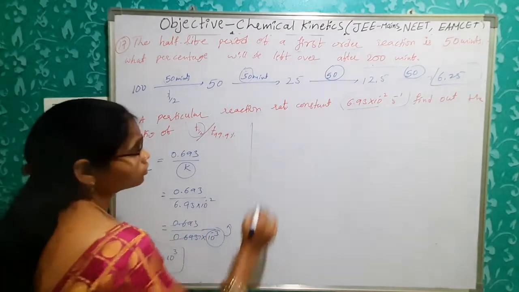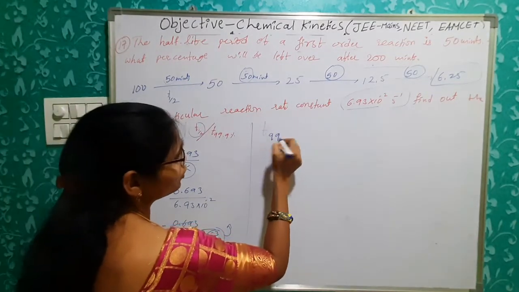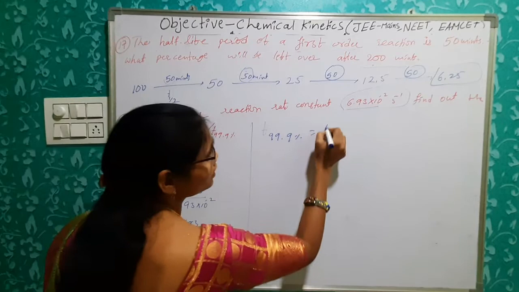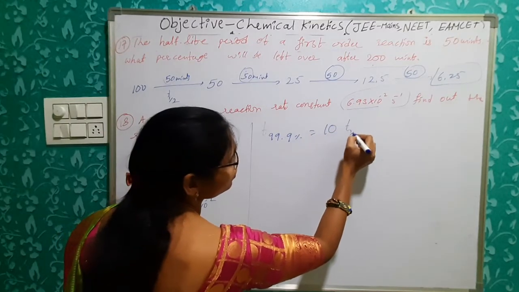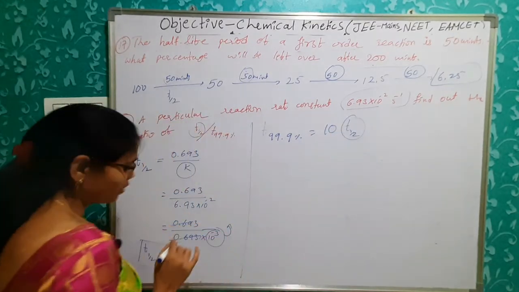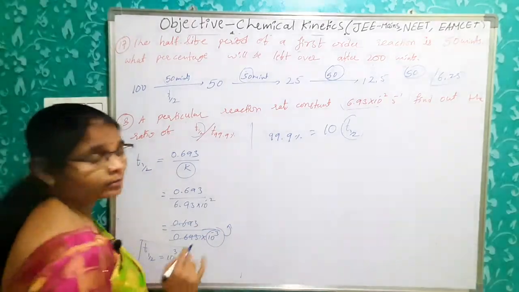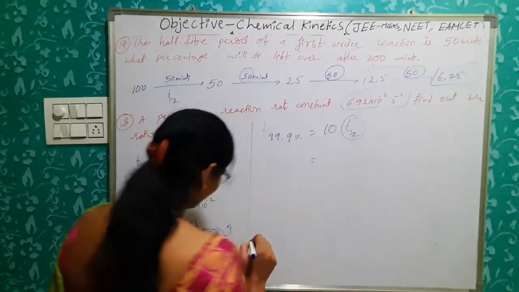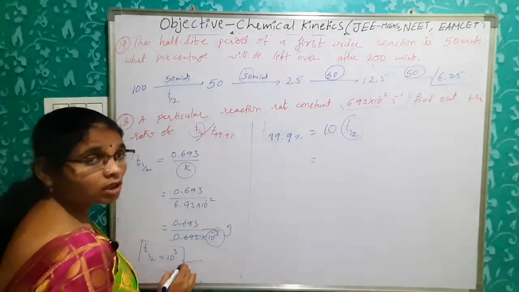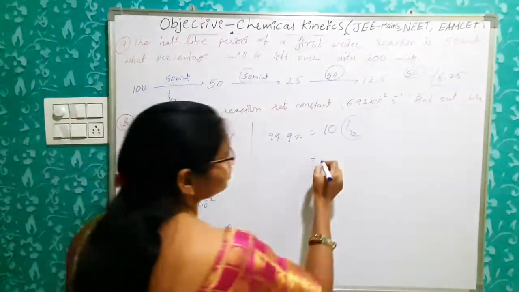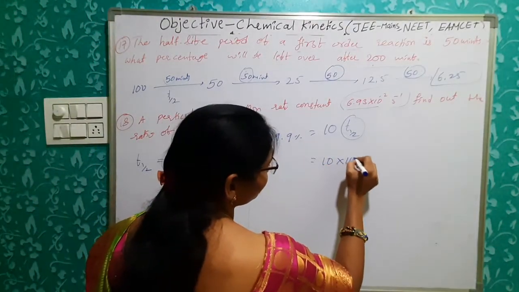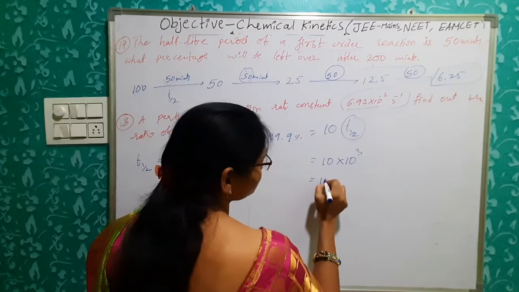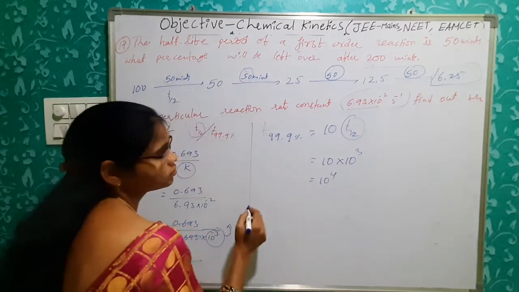Now T 99.9% is nothing but 10 into T half. T half value we know very well, 1000. So 10 into 1000 is 10,000, means 10 power 4.